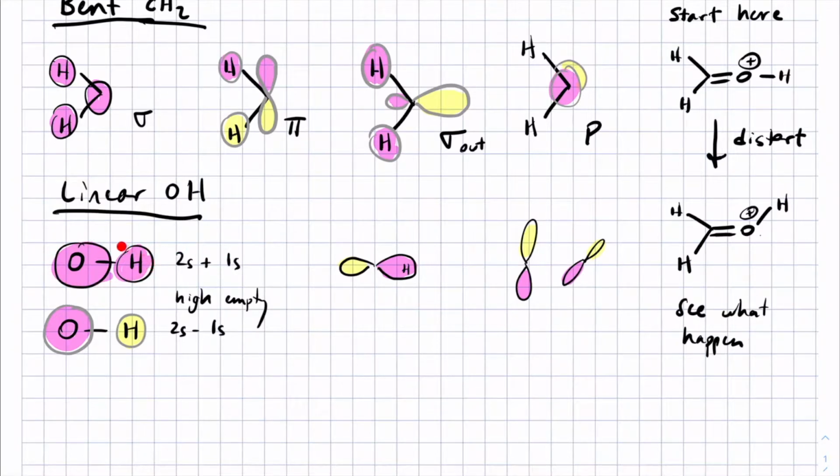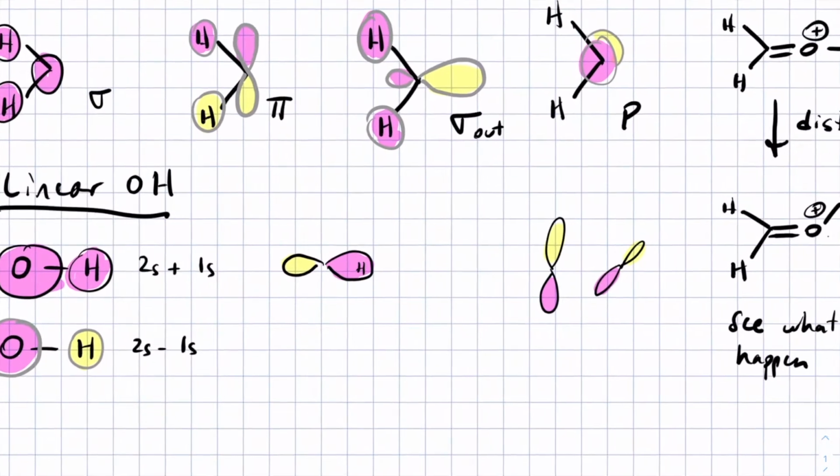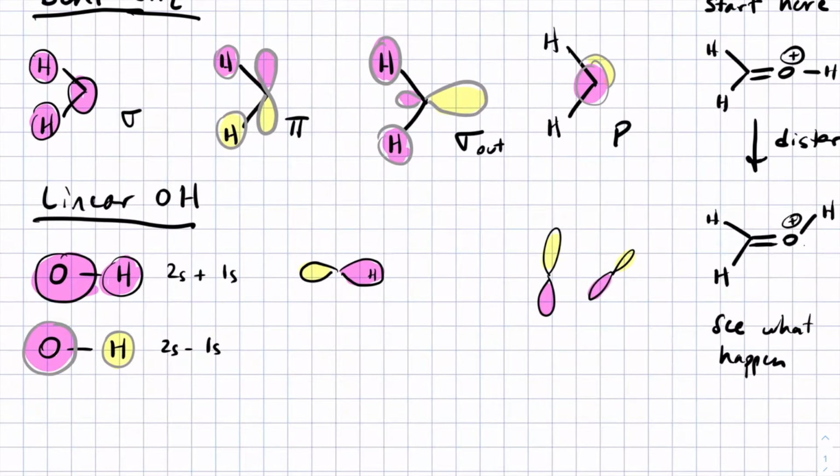an orbital where you have the 2s on oxygen overlapping with the 1s on hydrogen. The out of phase combination is probably empty, high in energy, so we won't worry about it. You can account for one of the p orbitals on oxygen also overlapping with the 1s orbital on hydrogen. I'm not showing you the antibonding combination there.